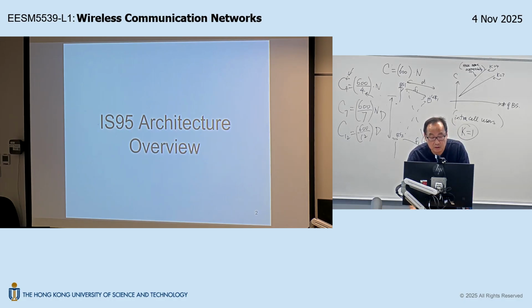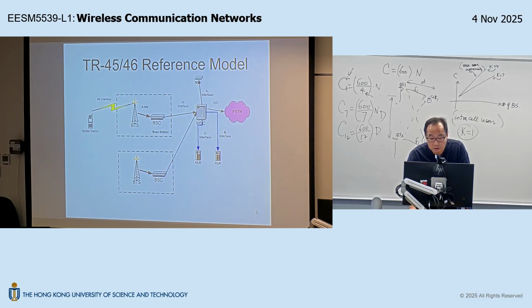So let's focus on this IS-95. This is the system architecture for the IS-95 or 2G CDMA systems. We have a number of base stations connected to a base station controller. A typical base station controller will be used to connect a few hundred base stations. And then a number of base station controllers will be connected to a mobile switching center.